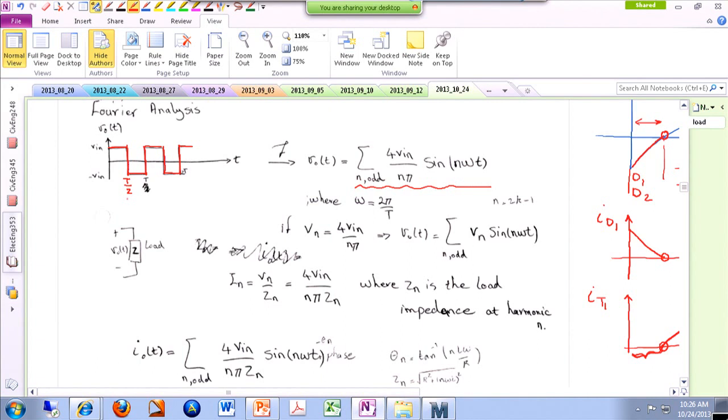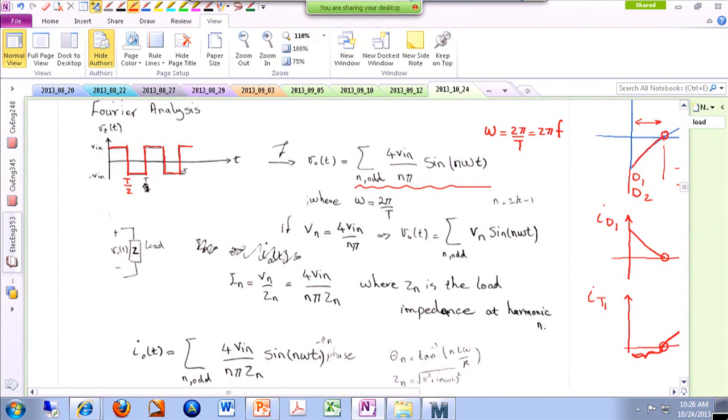And so we have only odd harmonics, and the amplitude of these harmonics is 4 times the input voltage over pi over n, and n is the order of our harmonic, like n could be 1, 3, 5, 7, those kinds of values, times sine of n, again the order of our harmonic, omega, the angular switching frequency, times t. So omega is 2 pi over T, or 2 pi f, our angular switching frequency in radians per second.